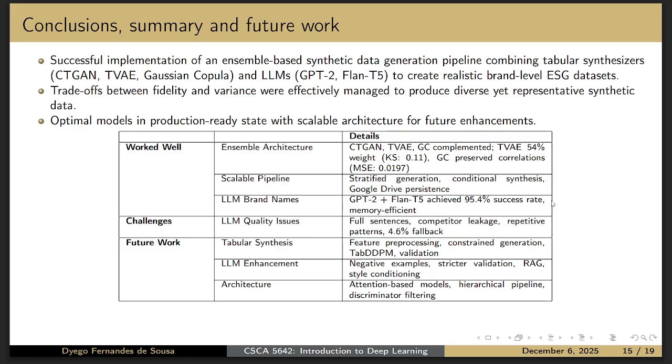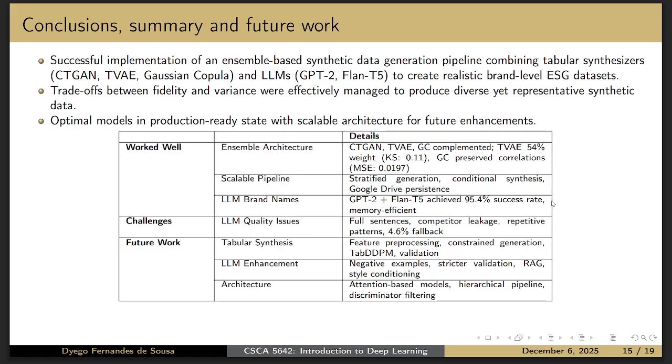Now, as my conclusion here, you're going to see what worked well, what did not work very well, and what's my plan for the future if I ever have to work on this thing again. So to me, the ensemble architecture worked very well. Both the tabular one and the large language model one worked very well in combination.